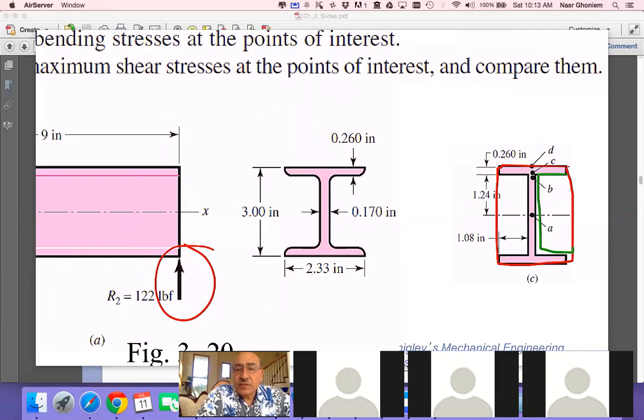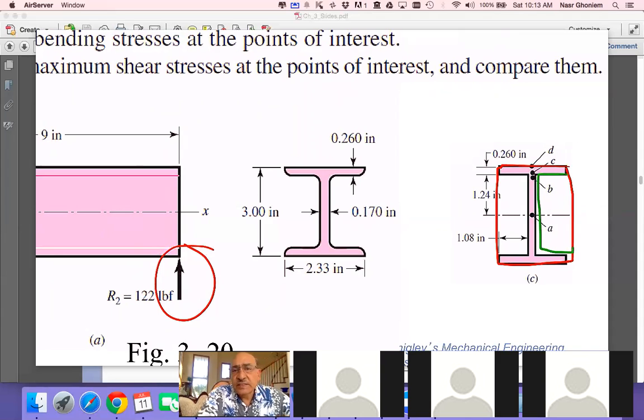This would be much easier, because I can use bh cubed over 12 for the big rectangle, the red one, and then I subtract two green rectangles, one here and one there, and that would give me the total second moment of area. And that's what we're going to use.